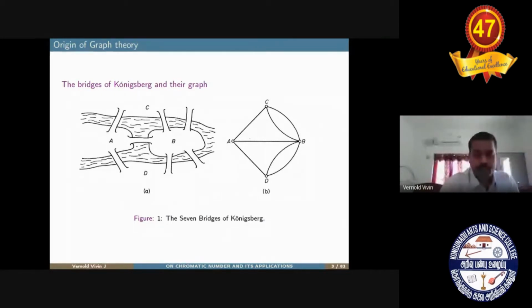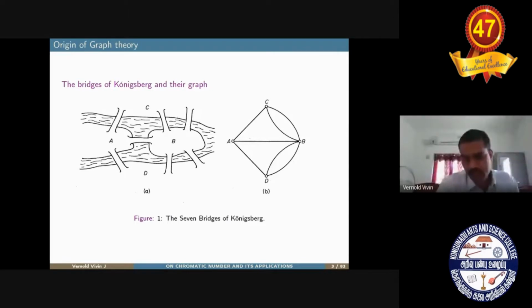Here we construct the graph equivalent of the Königsberg bridge problem. On the side, you can see a graph where A, the island, is represented by a point. Then B, the second island, is represented by a point B. B is connected by 2 bridges to C; here you can see 2 edges, that is, 2 bridges.